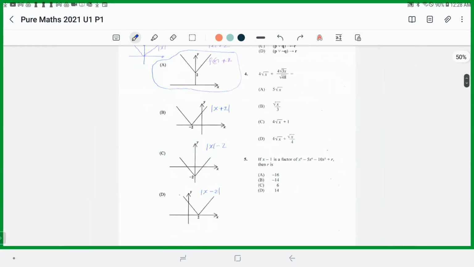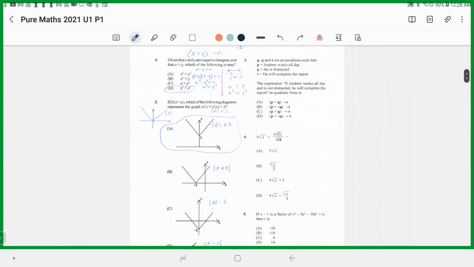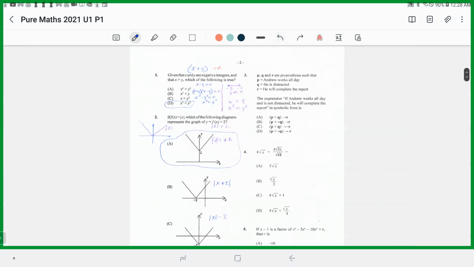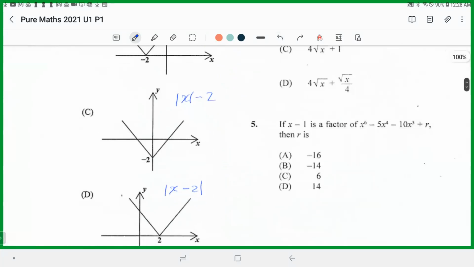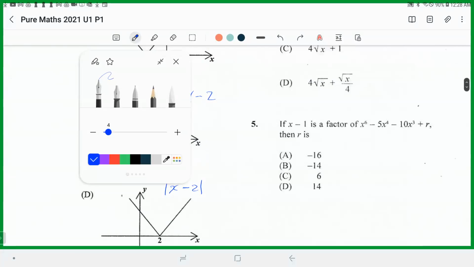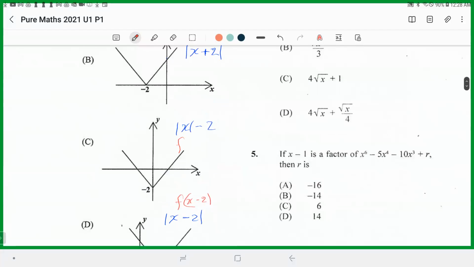And so in case they give you any one of these in another exam paper instead of the f of x plus 2, then you would know. So for example, I'm writing it this way. This one would be f of x minus 2. And this one would be f of x minus 2.